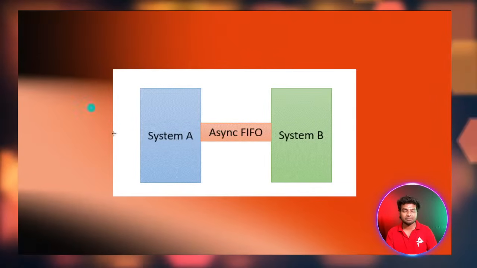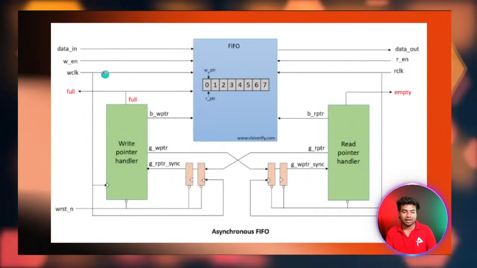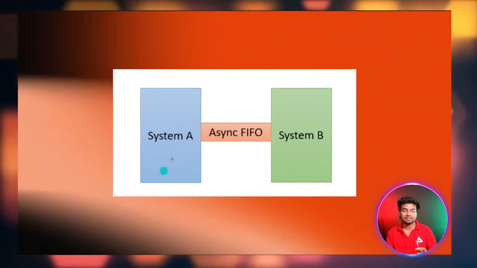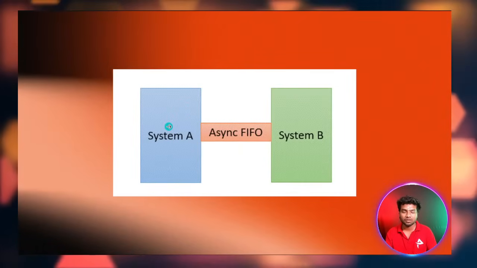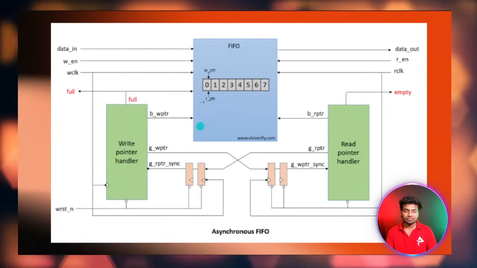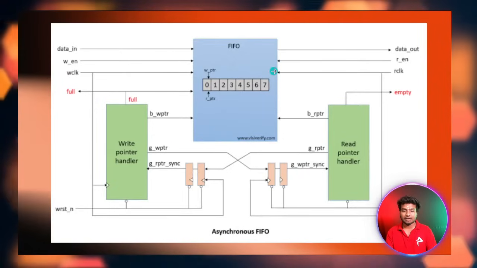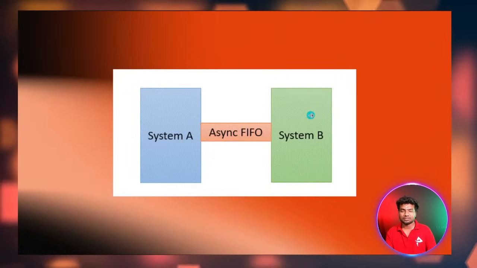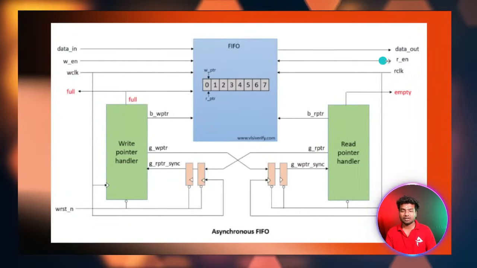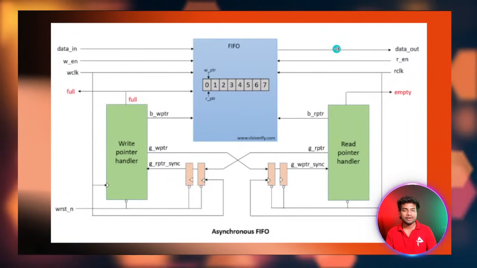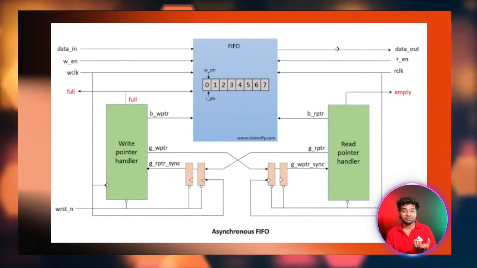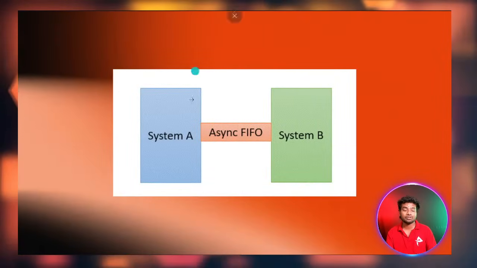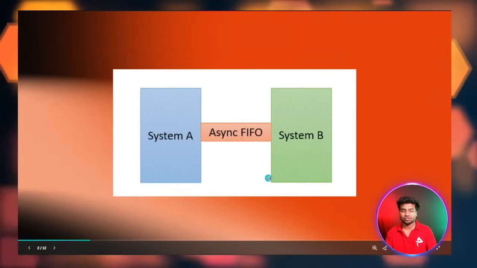This is the signal from system A's clock frequency. R clock is nothing but this system's clock frequency. Then data out and read enable. These are the basic inputs and outputs of the FIFO buffer according to this synchronization circuit or logic.